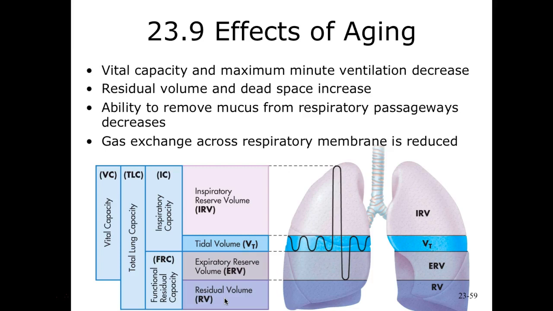The good news is you can stop the effects of aging on your respiratory system if you take a couple minutes in your day to practice breathing. So I know that sounds silly because we are breathing all the time, but what you need to do is inspire through your nose for 3 seconds. So let's do this exercise together.